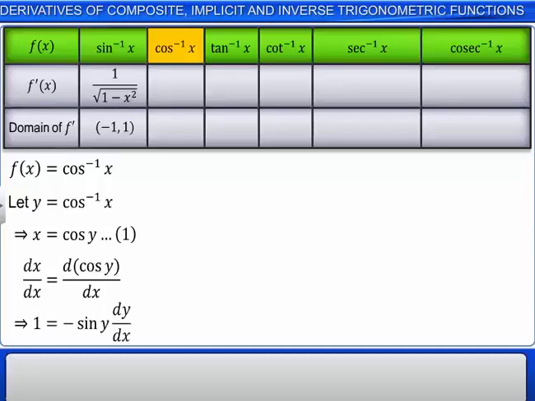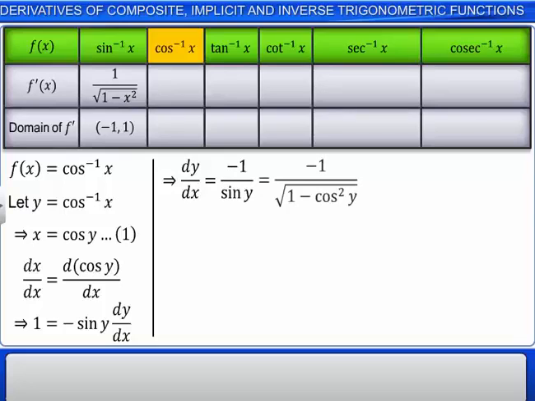This implies that dy by dx is equal to minus 1 divided by sine y. Let's write sine y is equal to the square root of 1 minus cos squared y. On replacing cos y with x, we get minus 1 divided by the square root of 1 minus x squared.